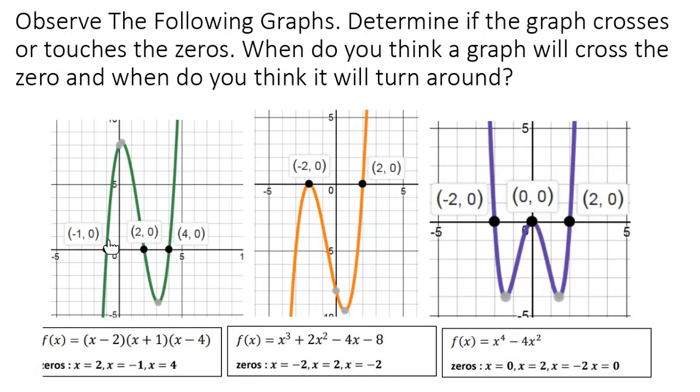So notice here the graph is crossing the x-axis, or when it's going to touch and turn. So if you look at these 3 graphs, can anybody guess when the graph is going to cross or when it's going to touch, and maybe what is causing that to happen, basically.